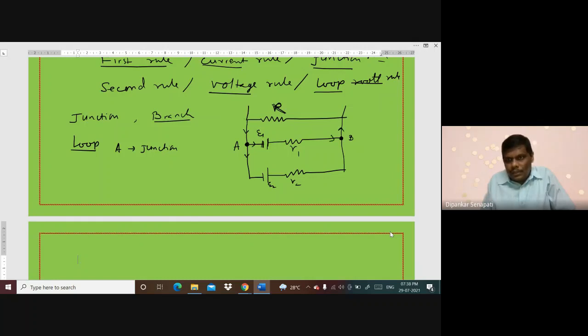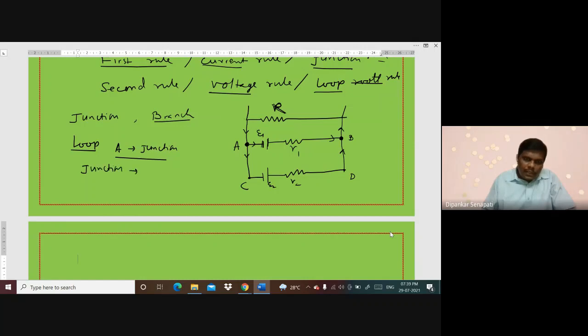This is, suppose, the direction of current. Okay, junction. But this point C, we will not call it a junction. Right. Then what is a junction?